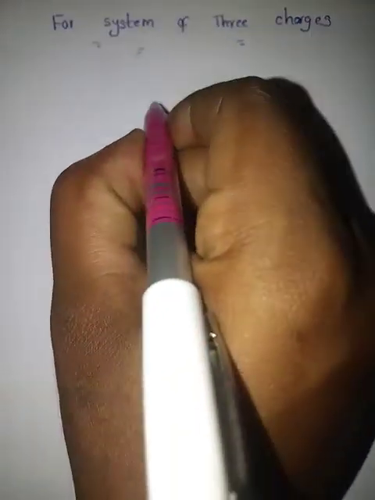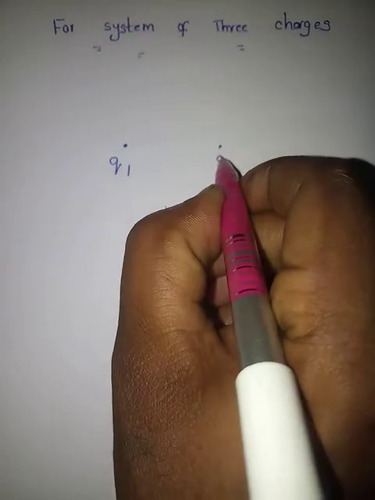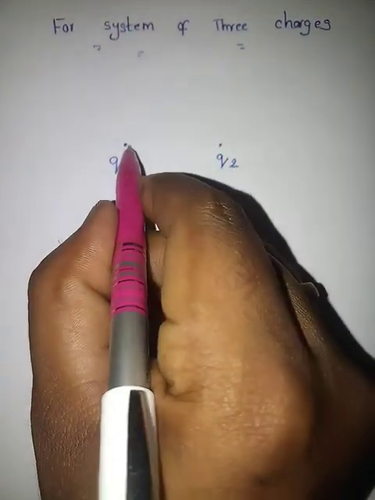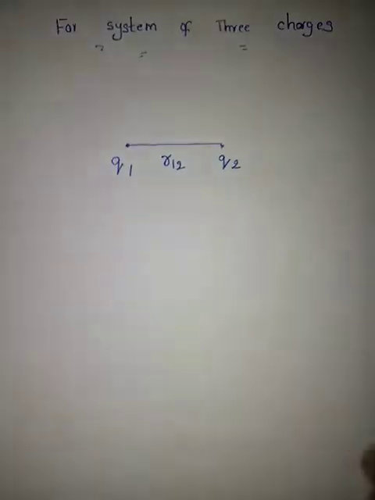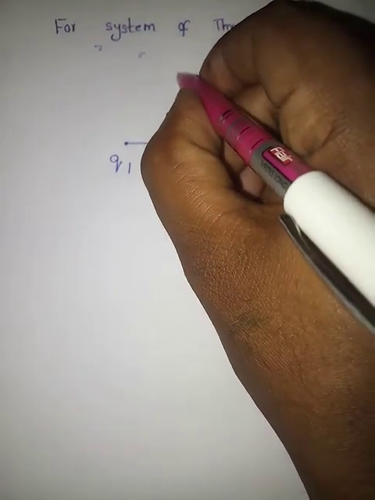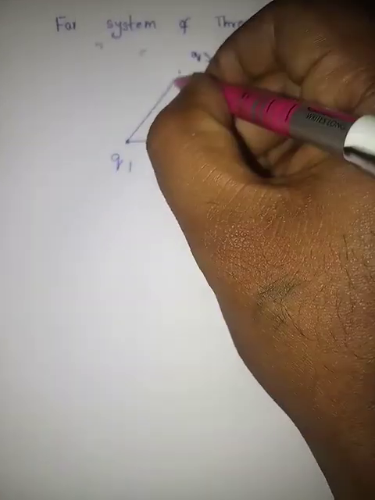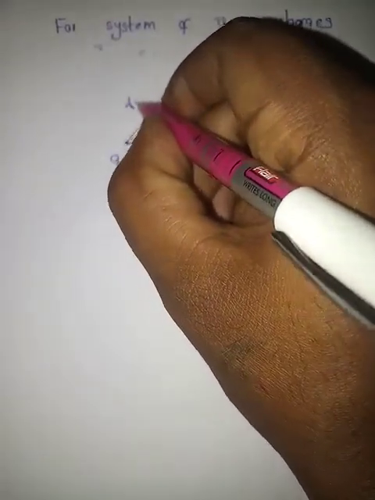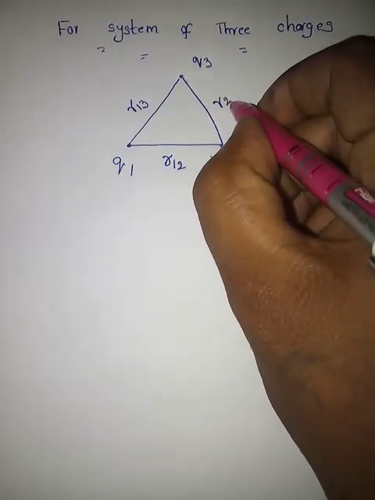Let us take that we have a charge Q1 and charge Q2. Let us consider the distance between them as R12. And one more charge is placed at a point Q3. This distance is R13, and this distance is R23.